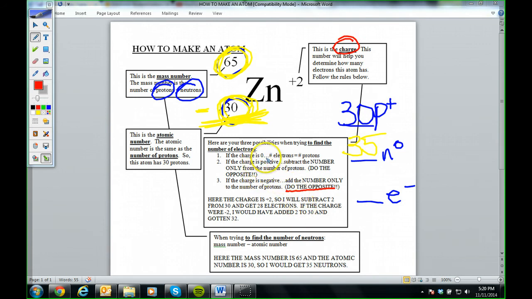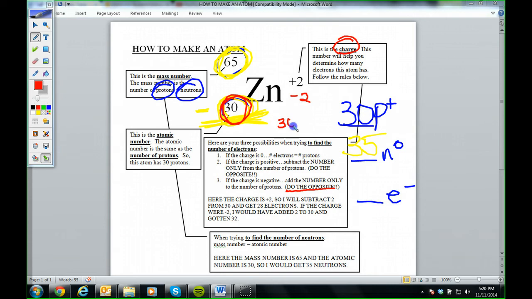If you have a positive charge, then you have more protons than you have electrons. If you have a negative charge, you have more electrons than you have protons. So in this case, we take 30, but instead of adding 2, we do the opposite. We subtract 2.